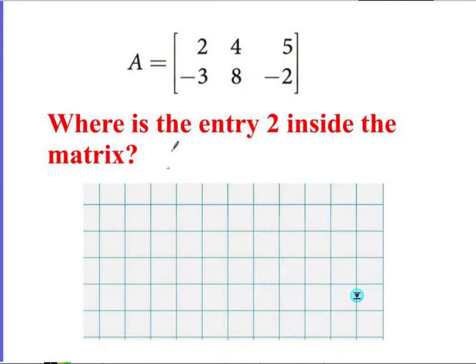Okay, let's answer this next question. Where inside the matrix is entry 2? Okay, so let me go ahead and take a look at where 2 is at. It's going to be in the first row. And I can see it is in the first column.